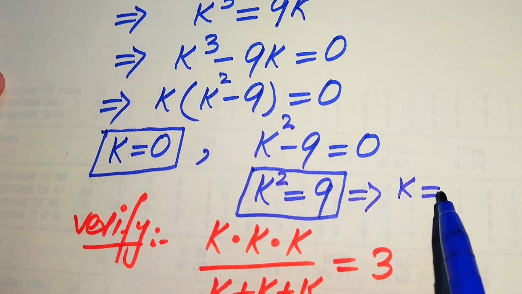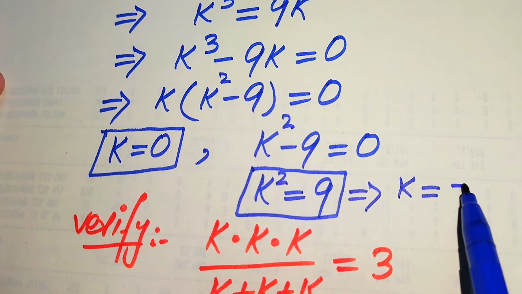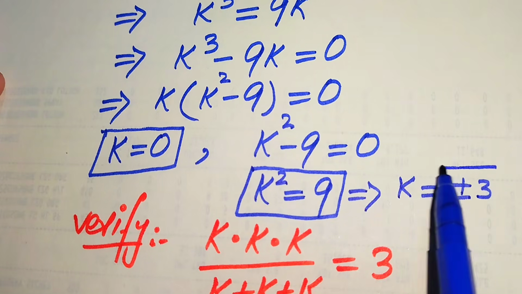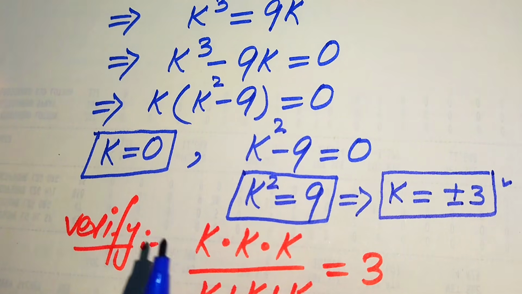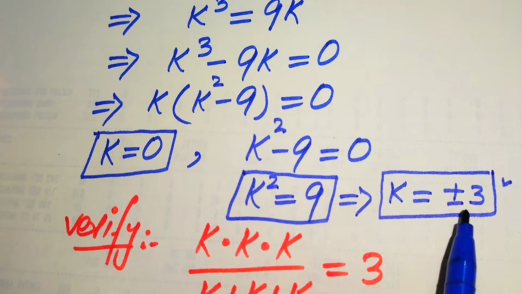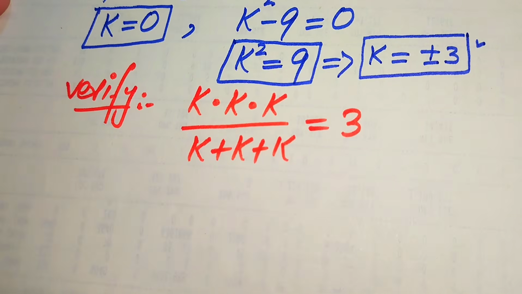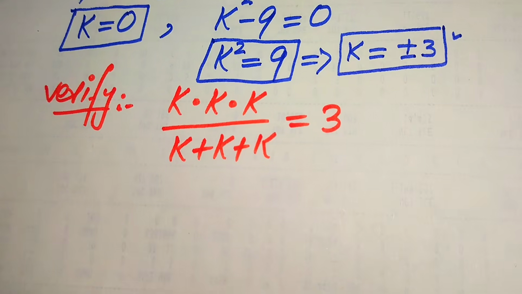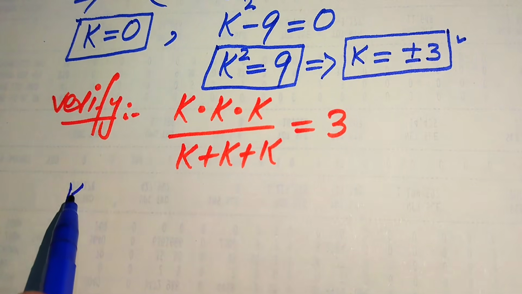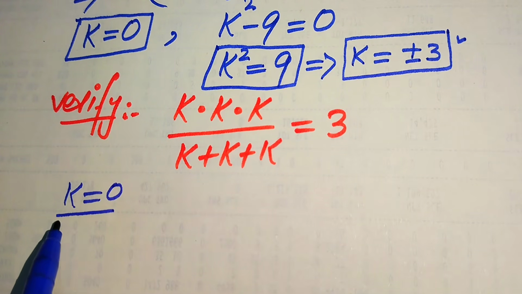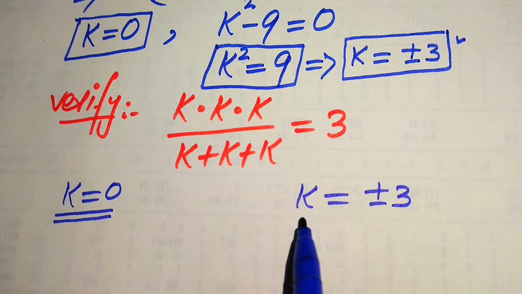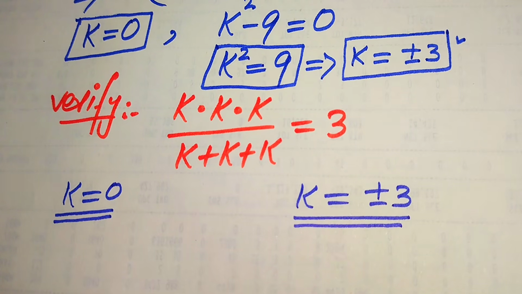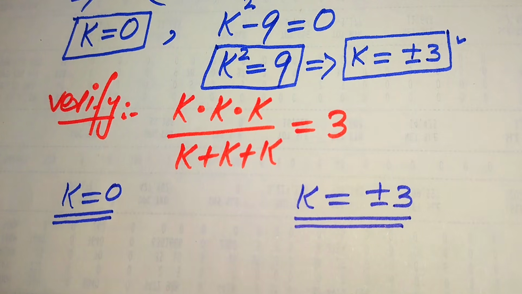From here, when we take the square root on both sides, we get k is equal to plus minus 3. So you see that there are three roots of the given equation: 0, plus 3, and minus 3. Now first we will verify k is equal to 0, and in this side we will verify k is equal to plus minus 3. We need to verify both of these roots of the given equation.